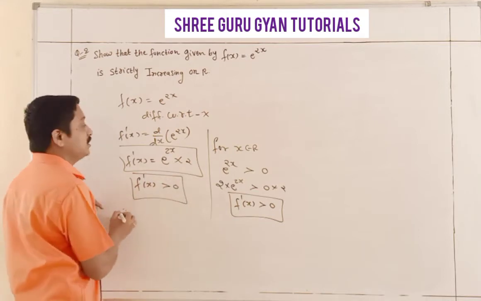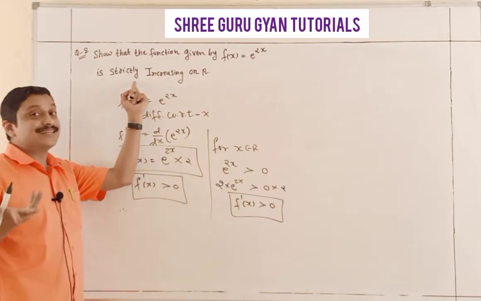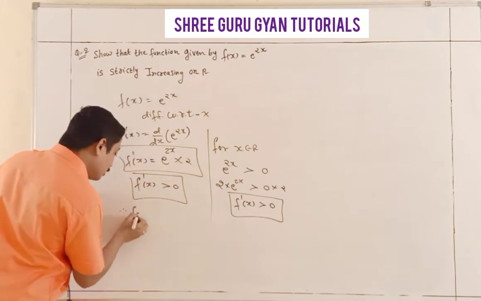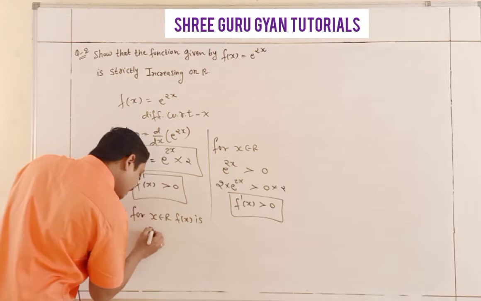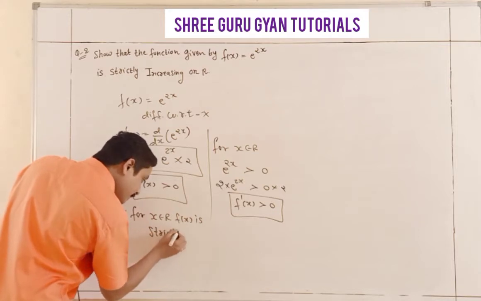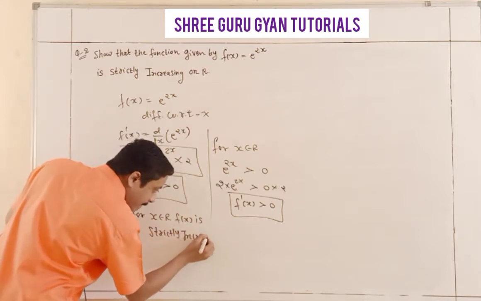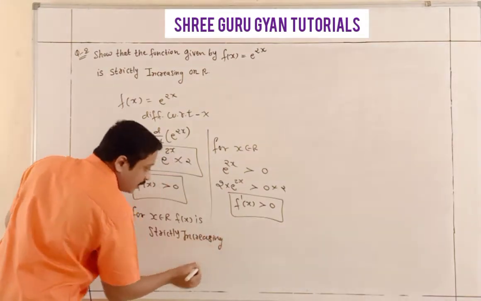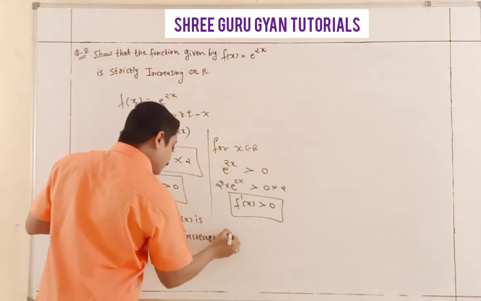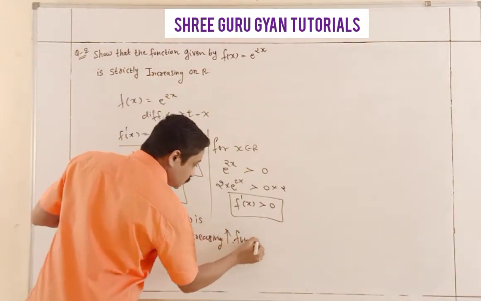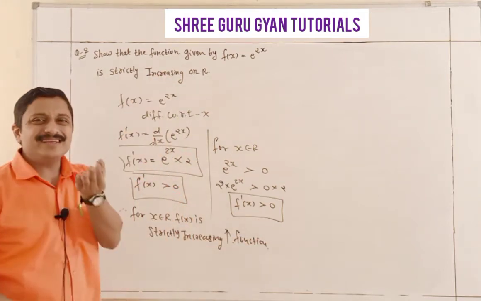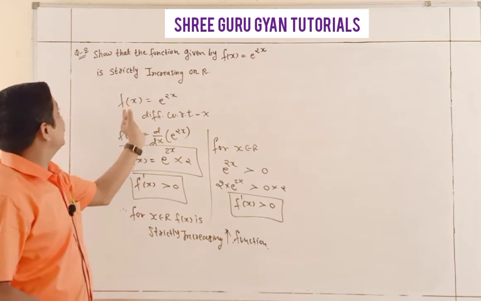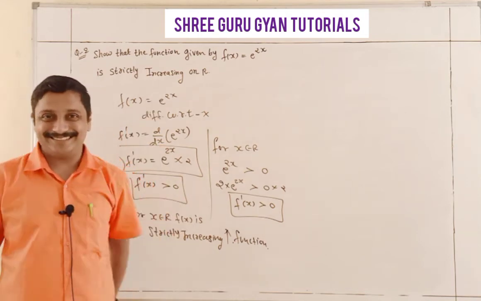It means our proof is done. So on x belongs to R, f(x) is strictly increasing in R. So students, this question is very easily done. Now after that I am going ahead to the third one.